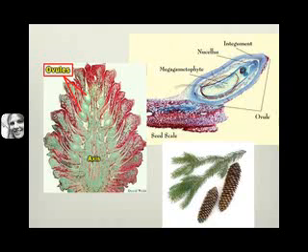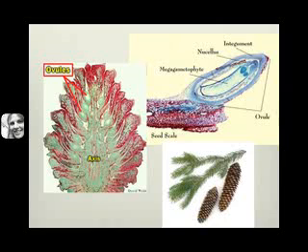So key points here, we have the megagametophyte being our gametophyte generation, right? We talked about every plant having the alternation of generations. So in the male spores, we'd see the pollen grain being our male gametophyte, the male haploid generation, the male multicellular haploid generation.